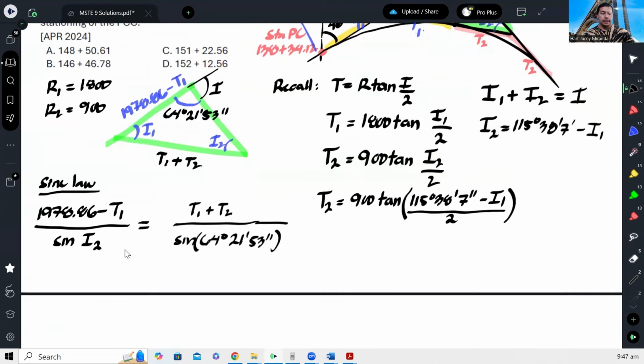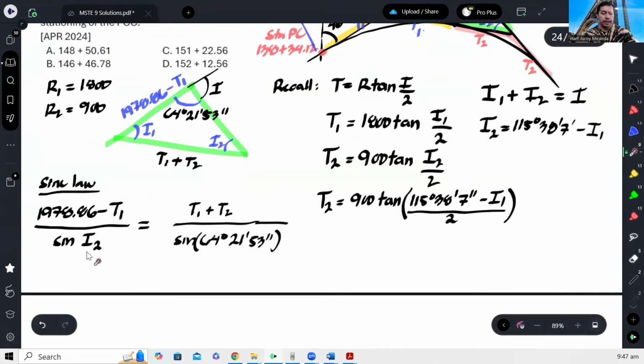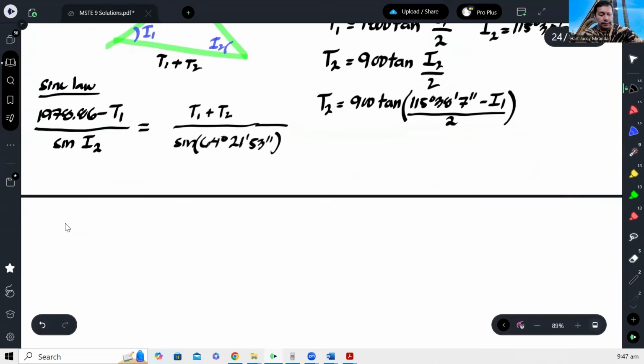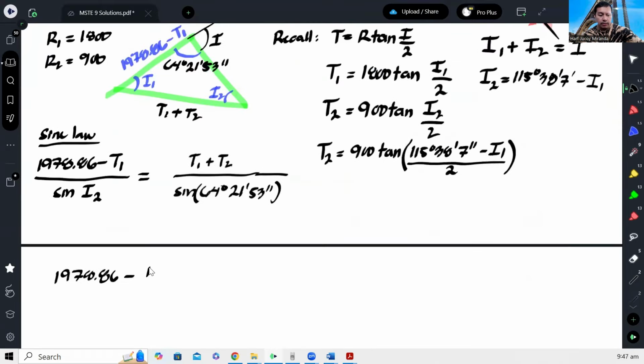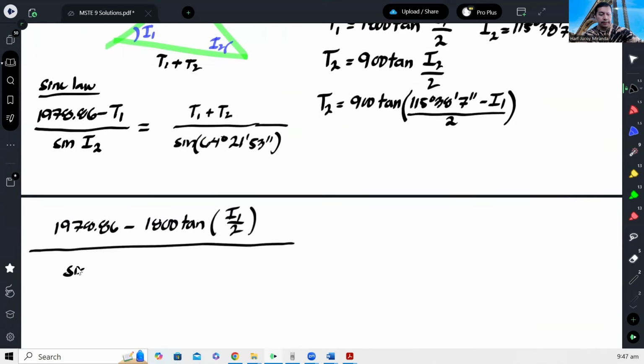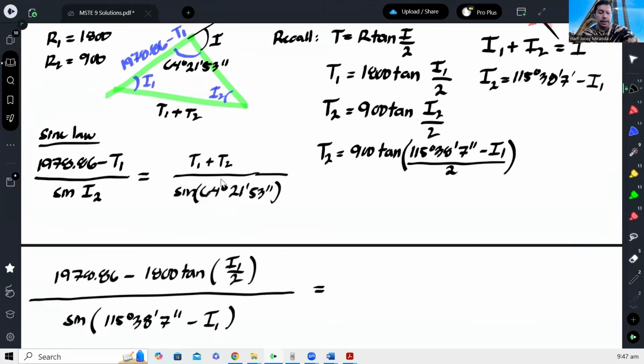Ayan. Okay, and then, like I said earlier, itong I2, pwede natin isulat ng ganito. Tapos yung T1, T2, pwede natin isulat ng ganito at saka ng ganito. Tapos, as you can see, puro I1 na lang yung nawawala. So, therefore, we have 1978 minus T1. Yung T1 is 1,800 tangent of I1 over 2 over sine of I2. Ang I2 ay 115 degrees, 38 minutes, 7 seconds minus I1 equals T1 plus T2.